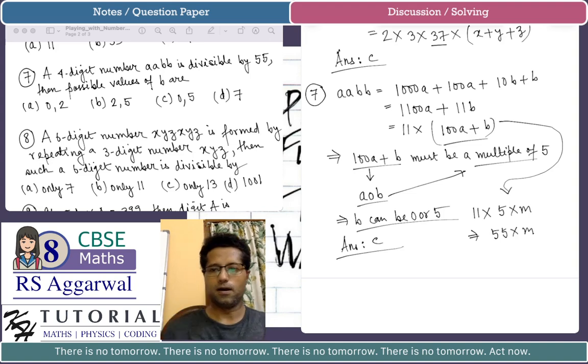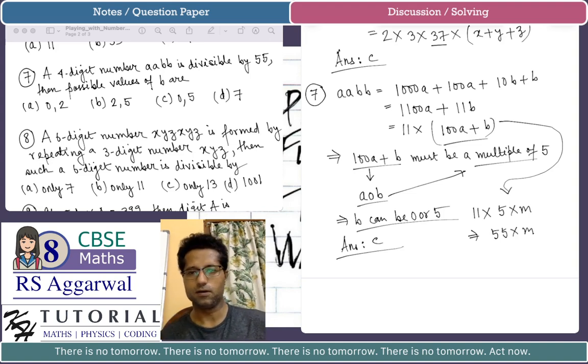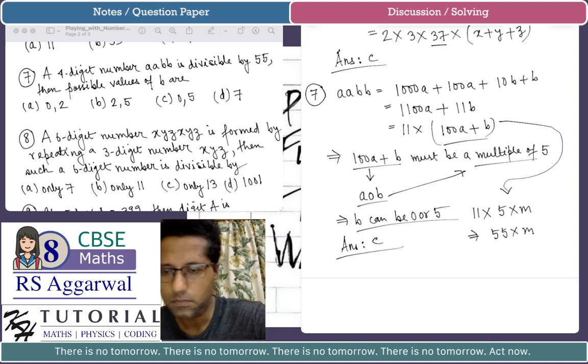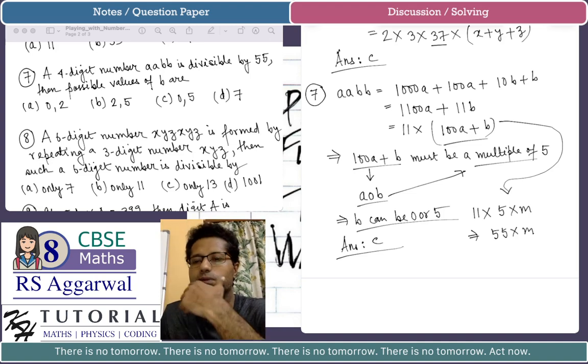So ultimately, using the general form of numbers and a little bit of concept about divisibility of a number by 5, we have solved this problem. First we expressed the number AABB in the general form, which turns out to be 11 into (100A plus B). Now since it is given that AABB is divisible by 55, we can clearly say that 100A plus B has to be a multiple of 5.